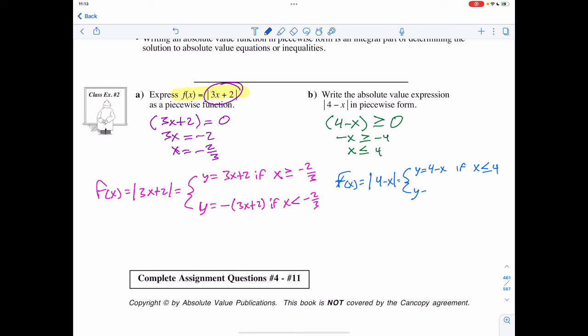Or y would equal the negative 4 minus x if x is greater than 4. As long as you remember that if x is negative, the inequality goes in the different direction for our piecewise function, you should be fine.